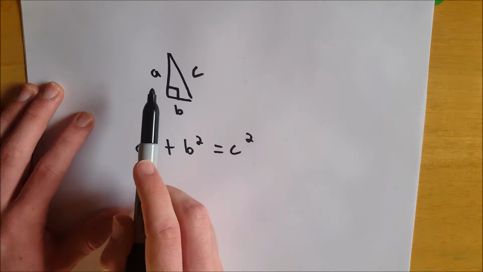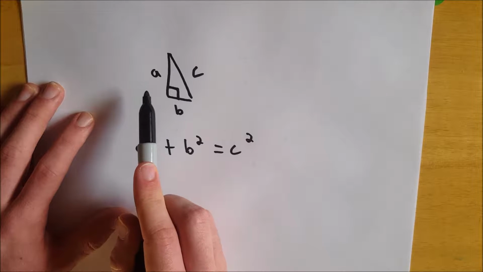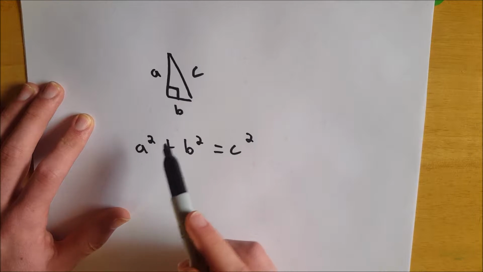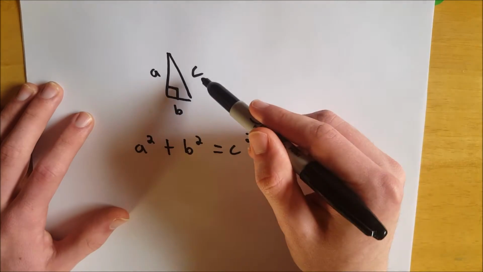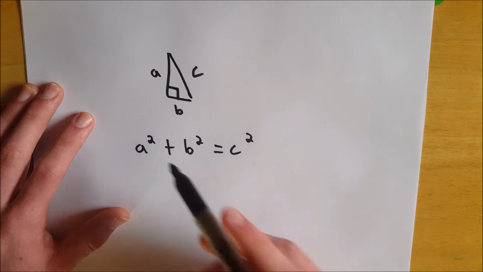So the sum of the squares of the two legs, a squared, the first leg, plus b squared, equals c squared, the square of the hypotenuse.